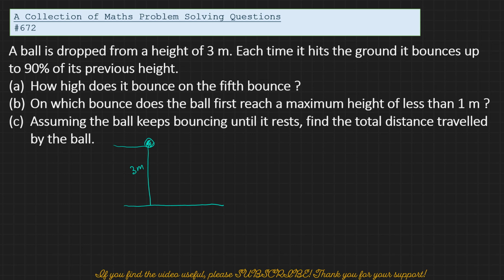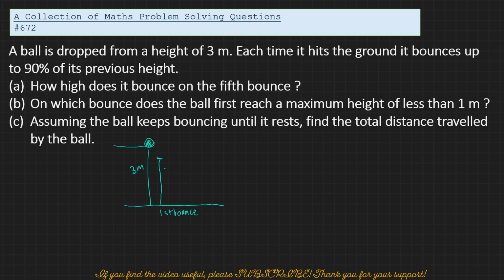Then it hits the ground and it bounces up, and this is the first bounce. I can write here first bounce, and in the first bounce what happens is it rises up to 90% of its previous height.